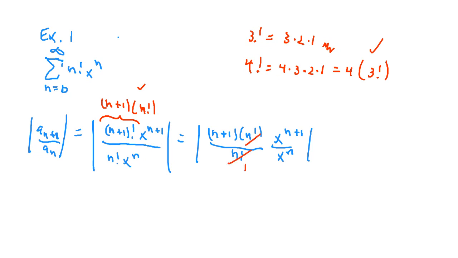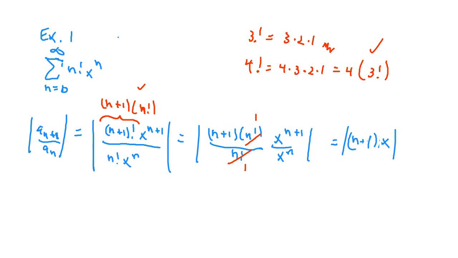The n factorials simplify out, and you're left with n plus 1 times x.